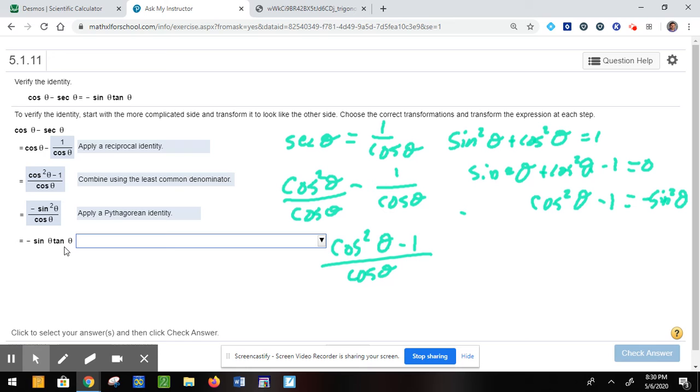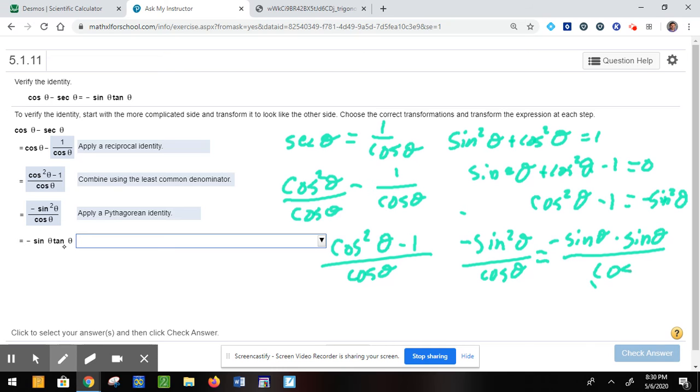So if I write it out, negative sine squared theta over cosine theta, I can rewrite that fraction. That sine squared, I can break it into two. I can say it's negative sine theta times sine theta, denominator unchanged.